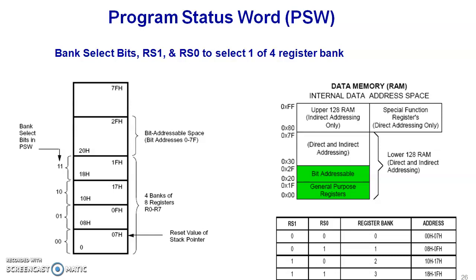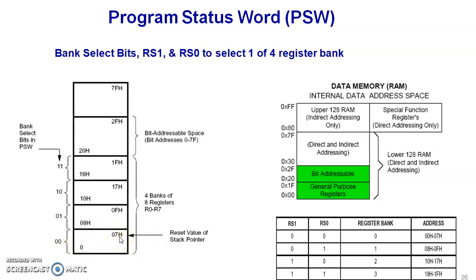Program status word, we have discussed that already. This is the internal data space of the data memory of your 8051. Depending on the bank selection, which depends on 2 bits, you can select particular addresses. In this diagram you can see the reset value of the stack pointer, 07. This is bank 0.